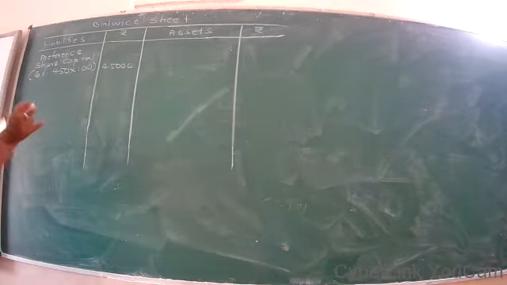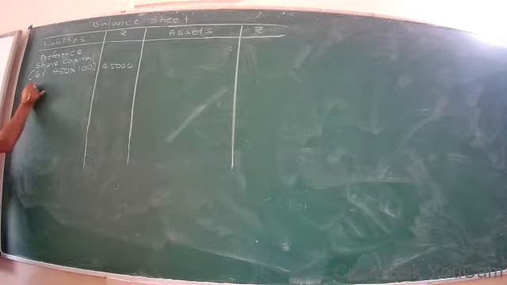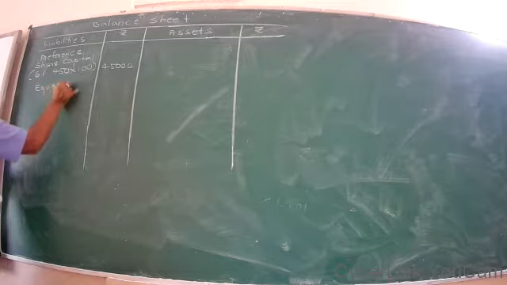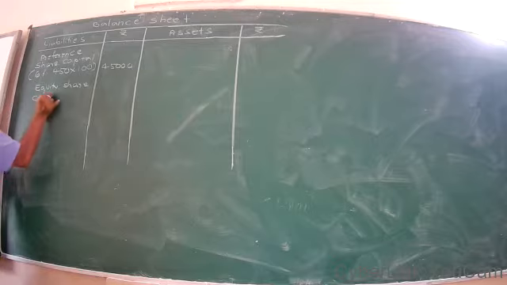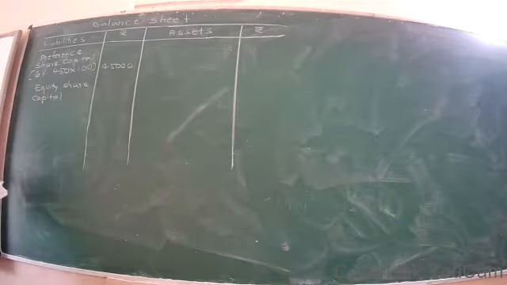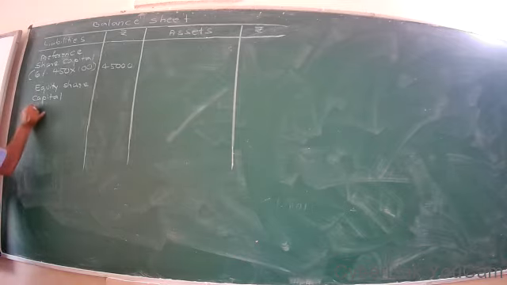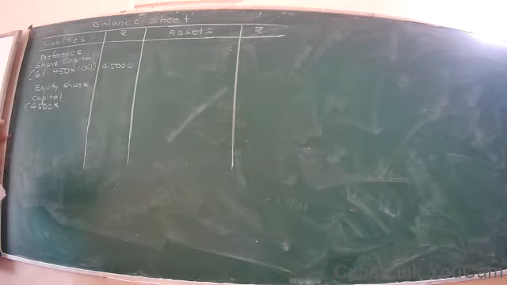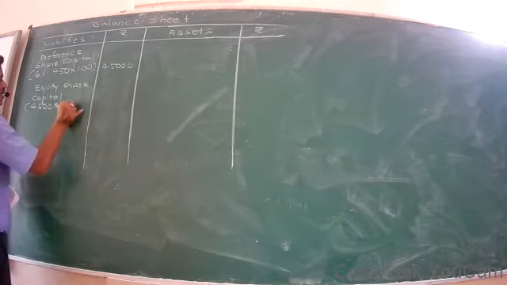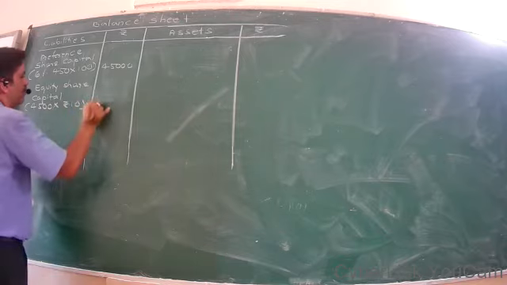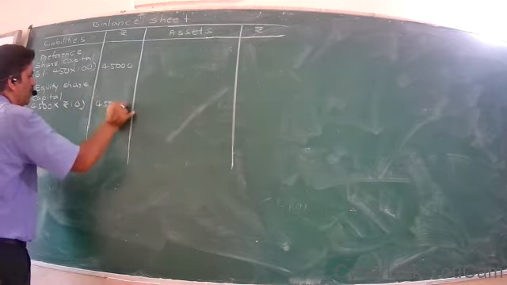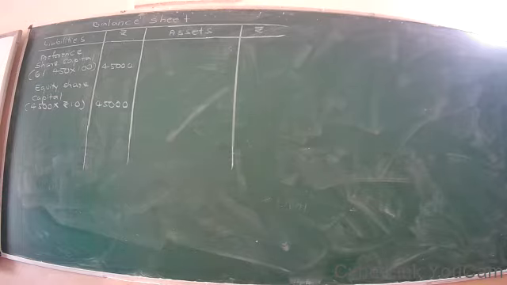Then the next item is equity share capital. The number of equity shares is 4,500 and each carries rupees 10, so 45,000.